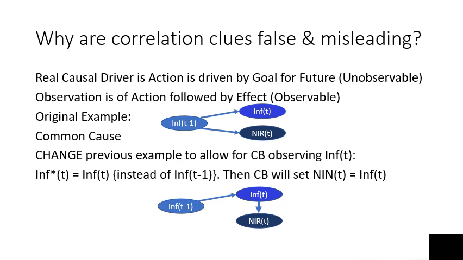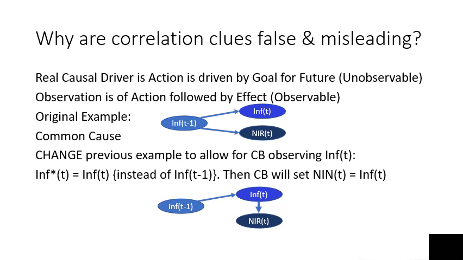So why are the correlation clues false and misleading? Well, basically we are presenting a new theory of causality here, and that is that the action is driven by the goal of the policymaker. The goal is unobservable. The standard theories of causality work in terms of action leads to effect, or action leads to observation. We say that that's not an accurate analysis.